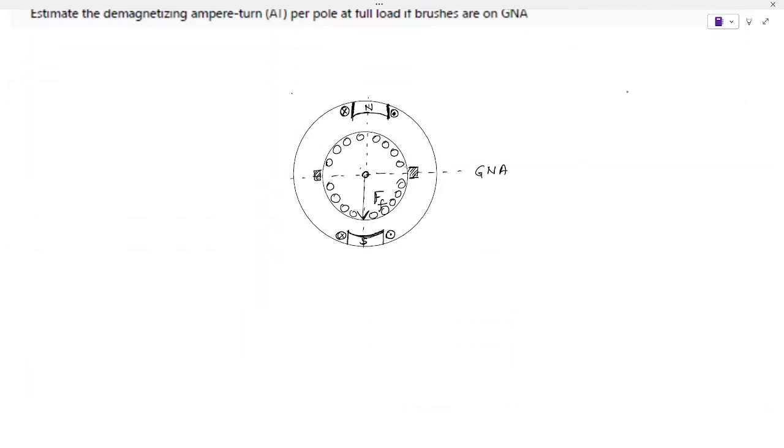If this is the field flux F field, let's say the armature flux is pointing this way, FA. Can I resolve this armature flux into two components? Yes, sir.